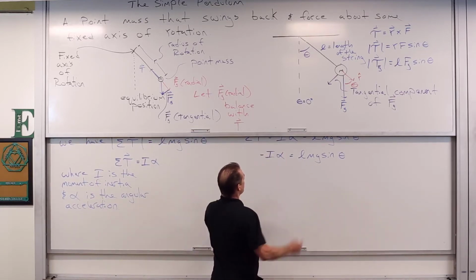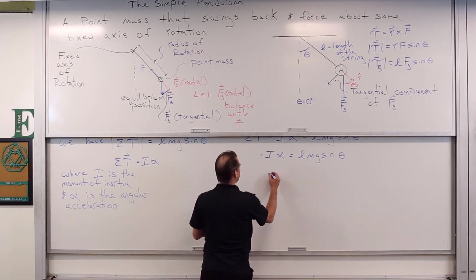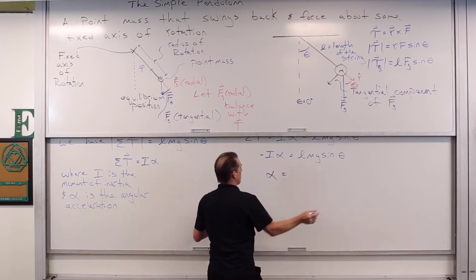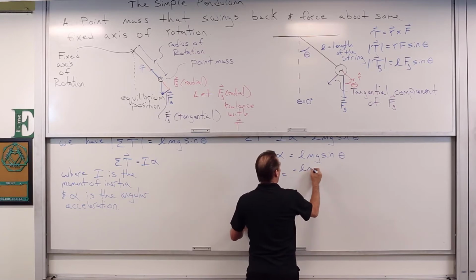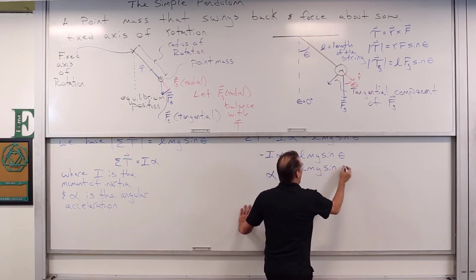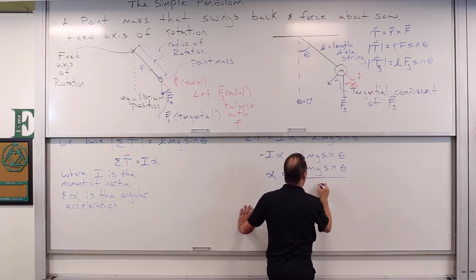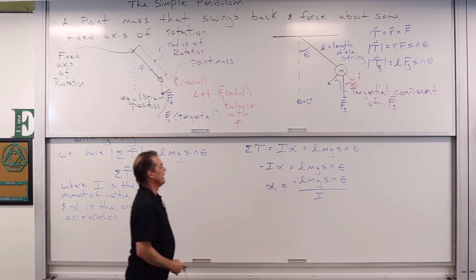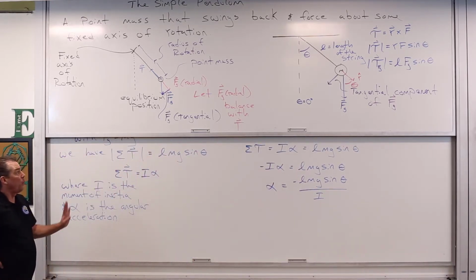Anyways, what do we have with this? Well, we can solve this out. We have that alpha can be written as negative L mg times the sine of theta divided by I. We haven't really said anything about the moment of inertia of the system. What's the moment of inertia of a point mass?